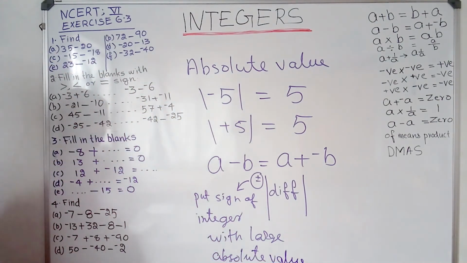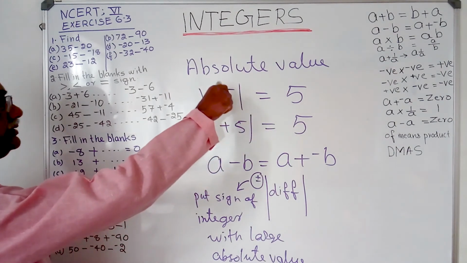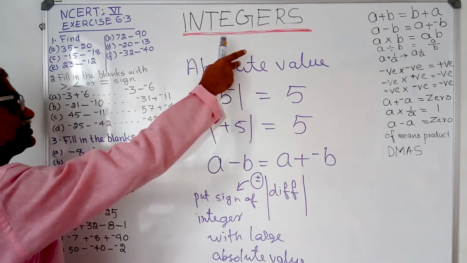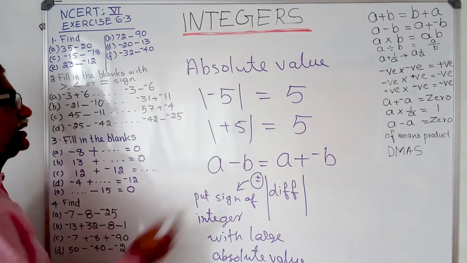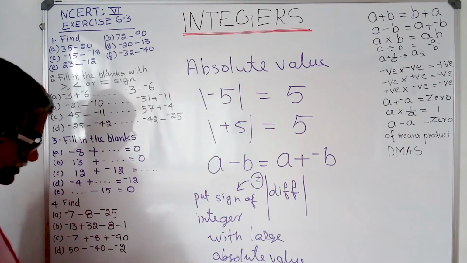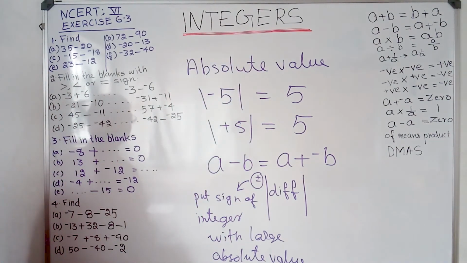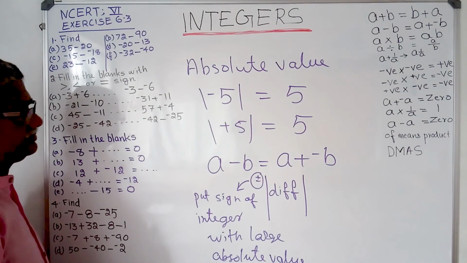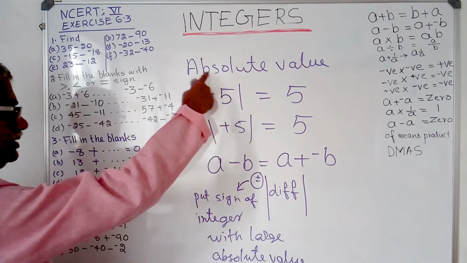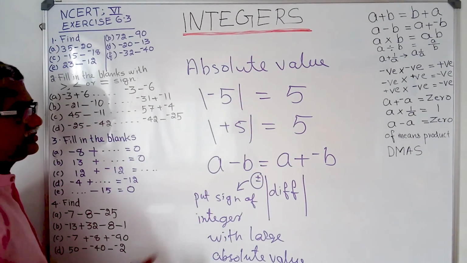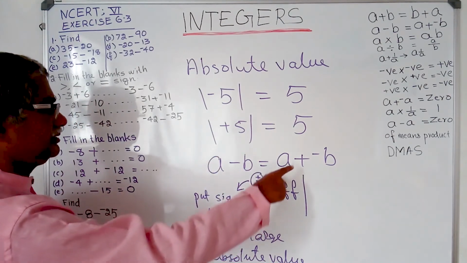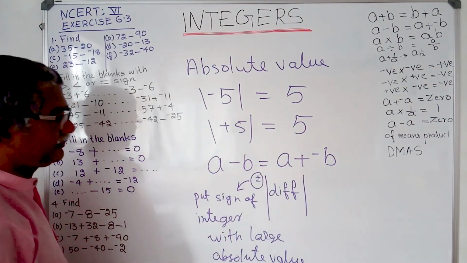Can you follow? Within 2 minutes we have already revised all the approach, the theory behind integers with negative, positive, addition, subtraction. So consider absolute value. Then instead of subtraction, the additive inverse is added.